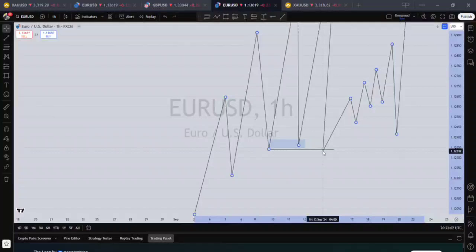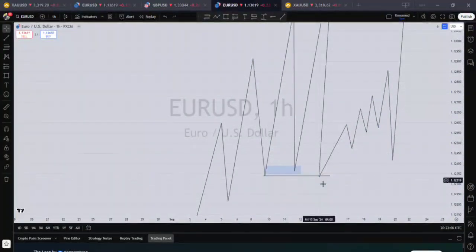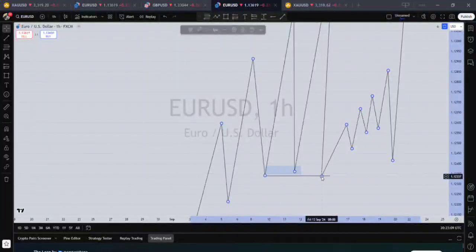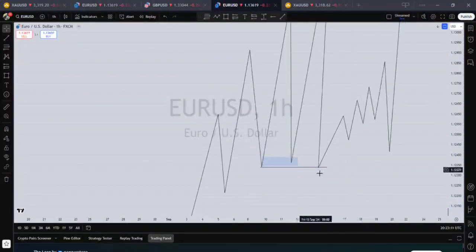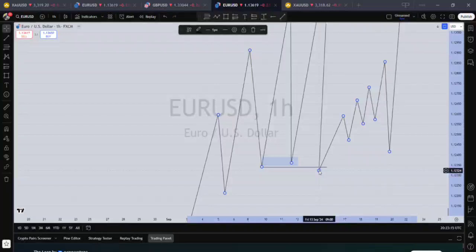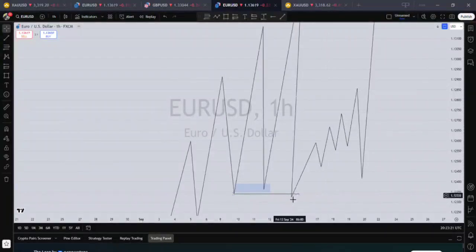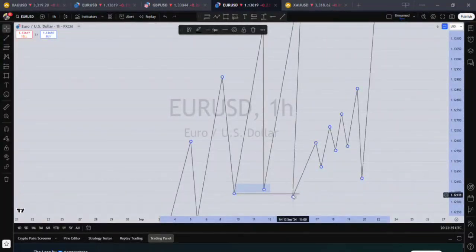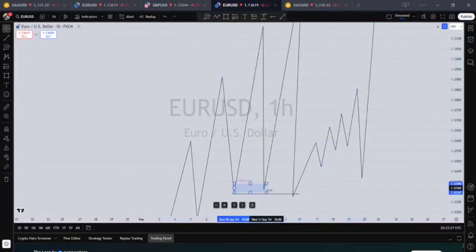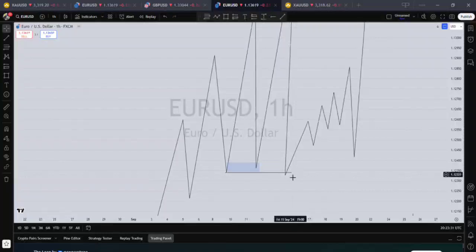Market coming back into a demand. Let's say this is our second demand now, and this is our low. You know that the market can still wick this second demand. It can wick it and then continue buying. It doesn't necessarily have to close it. It cannot close below it. It can wick it, but it should not close.